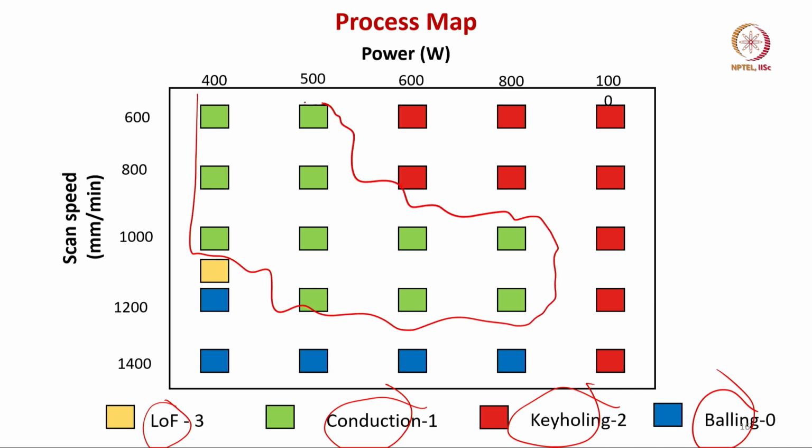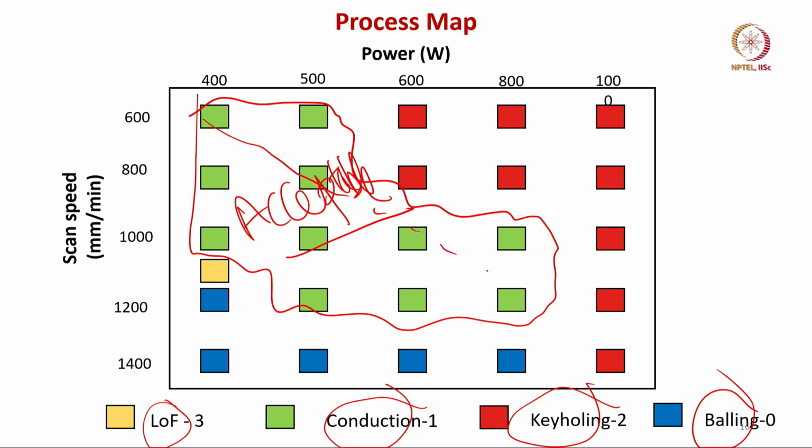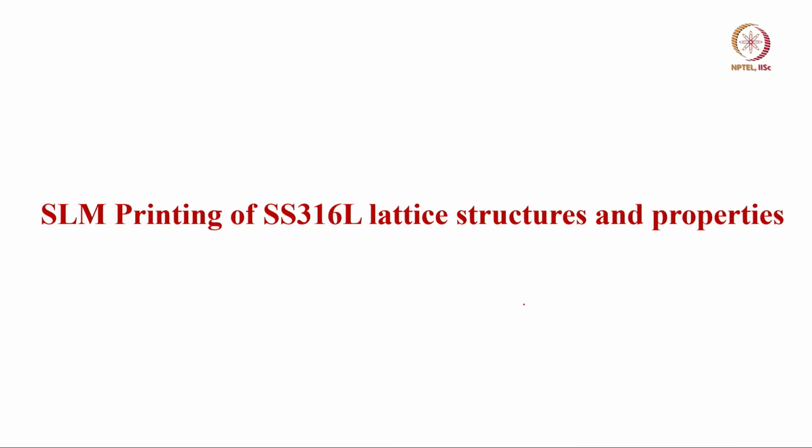So, this is the area that is acceptable. It is a combination of the scan speed and the power, and it almost shows an inverse diagonal kind of ratio.